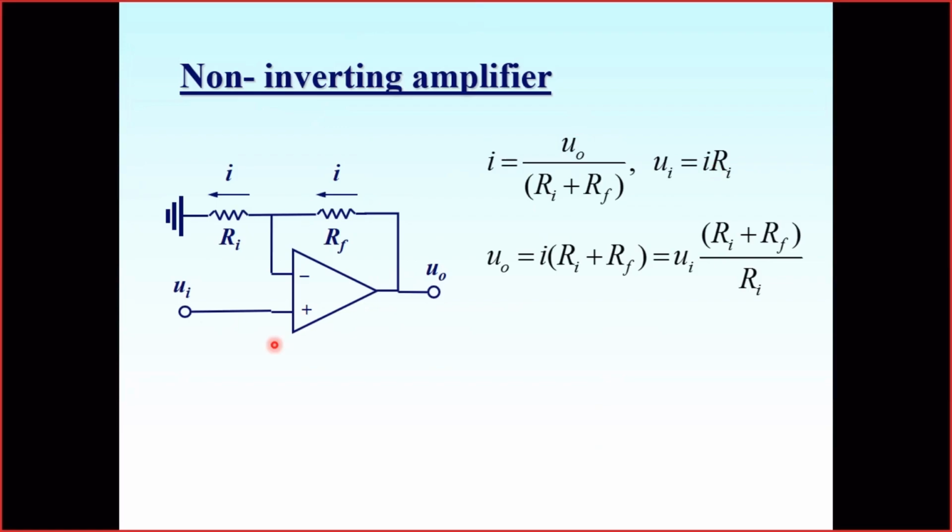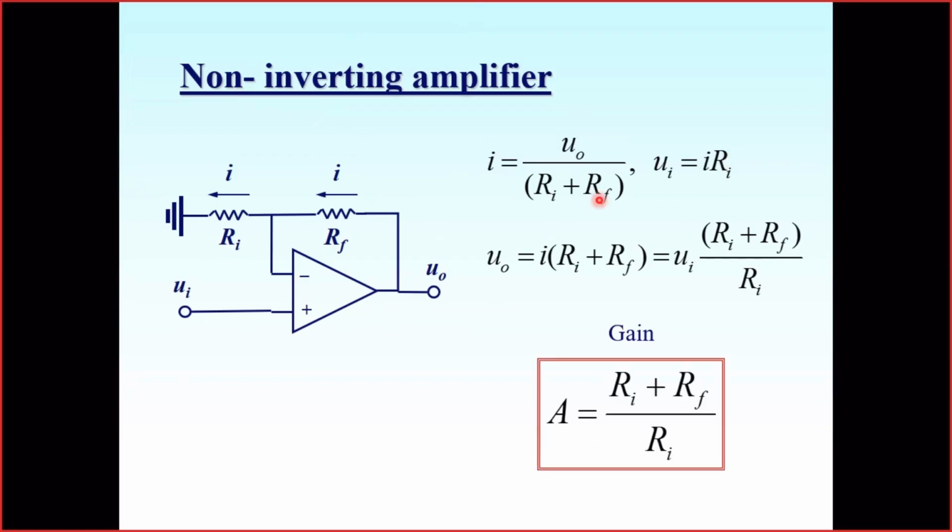But as I have a feedback, I know that this voltage and this voltage are equal, which means the voltage here is just U in. So U in is equal to I times Ri.